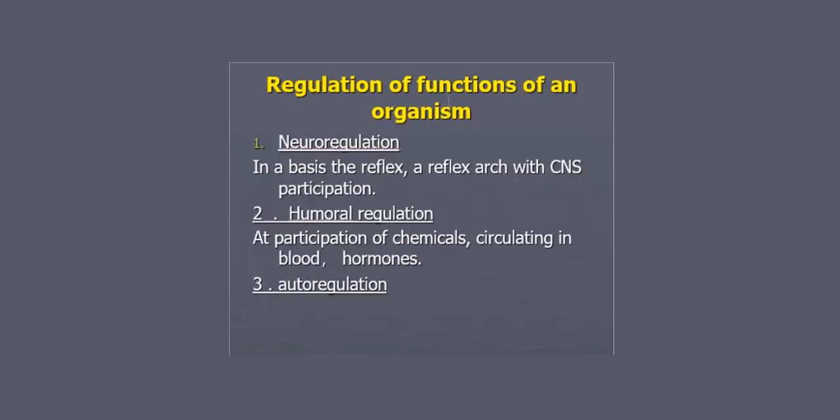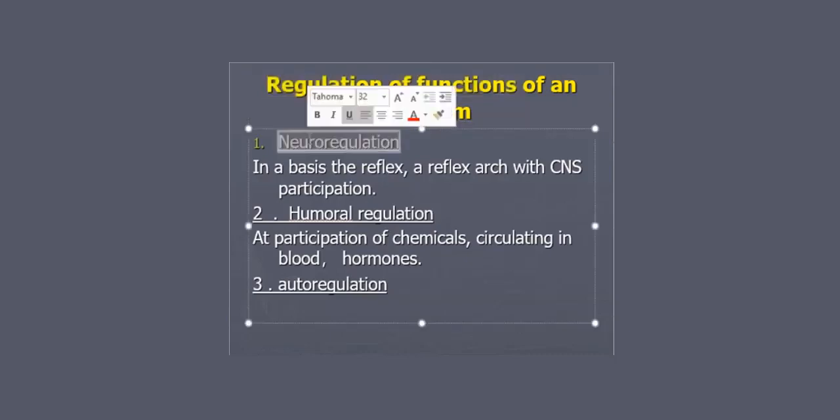And then we have regulation of functions of an organism. Mostly we have two regulation systems. One is called neuroregulation, and the second is called humoral regulation. Neuroregulation is based on reflex activity, and reflex activity has 5 components. It starts from the receptor, afferent neurons, center, then efferent neuron, and effector organs.